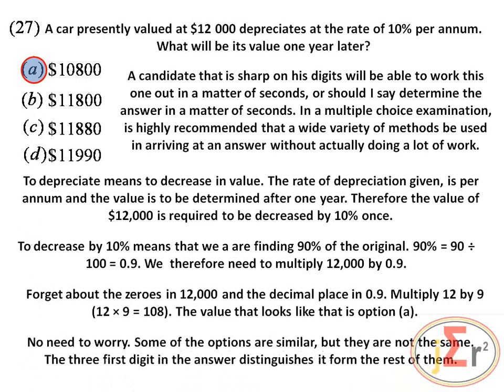Some of the options are similar, but they are not the same. The first digit in the answer distinguishes it from the rest of them. So there's no need to worry that they kind of look similar. We have these similar appearances, but they are just similar, not the same. And the correct answer is clearly 10,800.